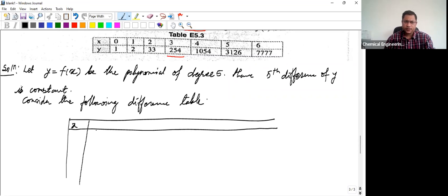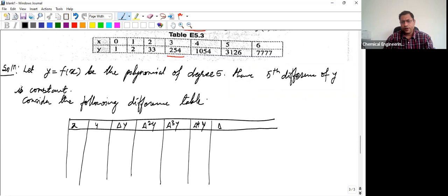So we have x, we have y, delta y, delta square y, delta cube y, delta raised to 4 y, delta raised to 5 y.